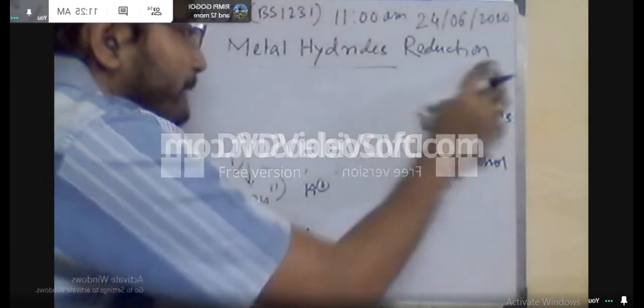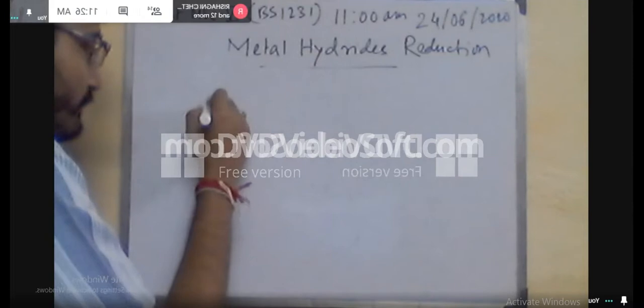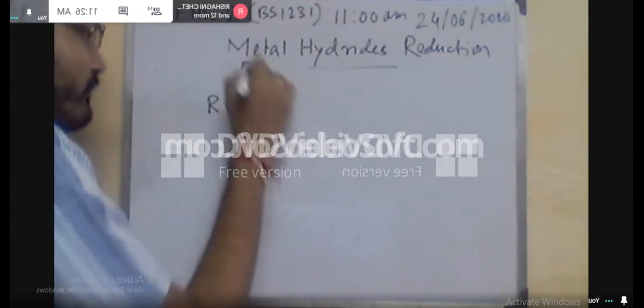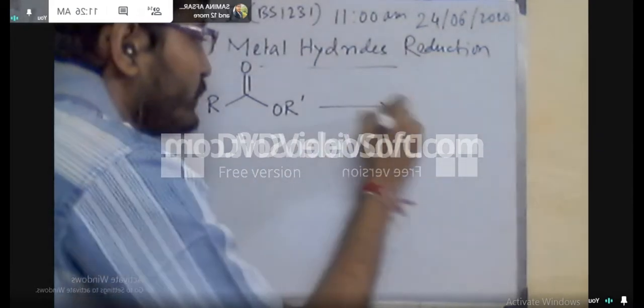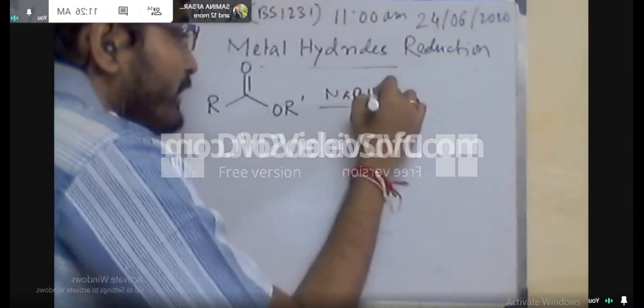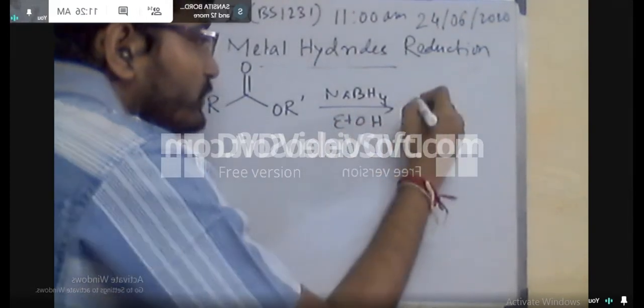So if you use lithium aluminium hydride and finally the acid workup, it will be converted to the corresponding alcohol.